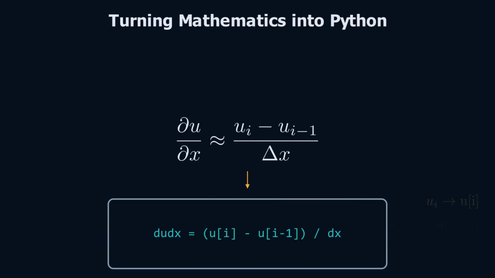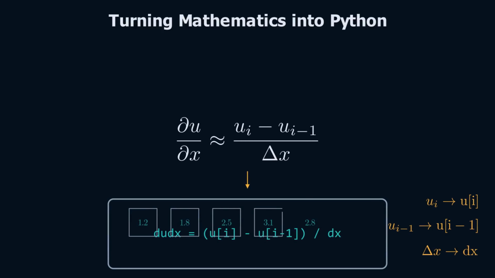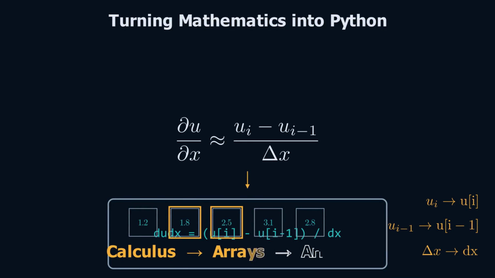Cell values become array elements, and delta x becomes a normal variable. The computer simply reads neighboring array values, performs subtraction, divides by the grid spacing, and stores the result. There is no hidden magic. Only arithmetic on neighboring cells. This is the bridge between mathematics and programming. Every CFD solver is built on this idea.